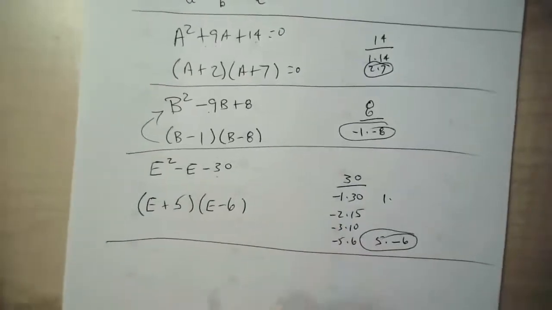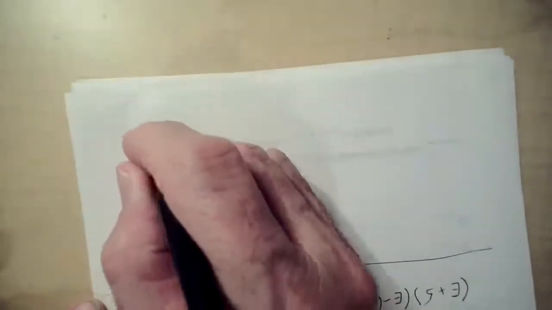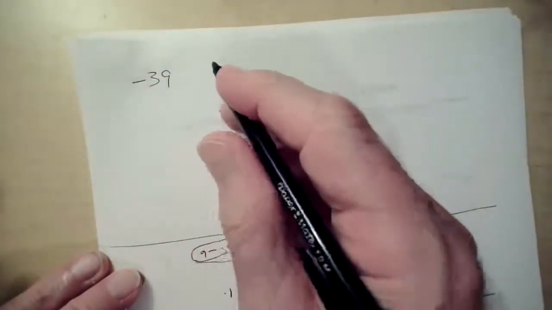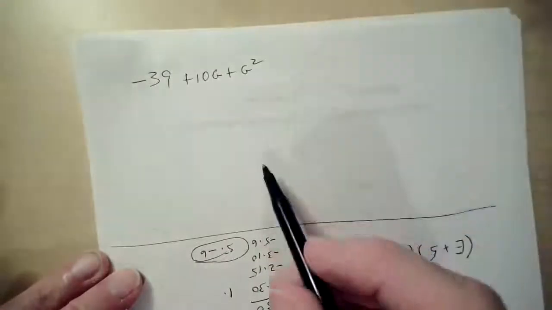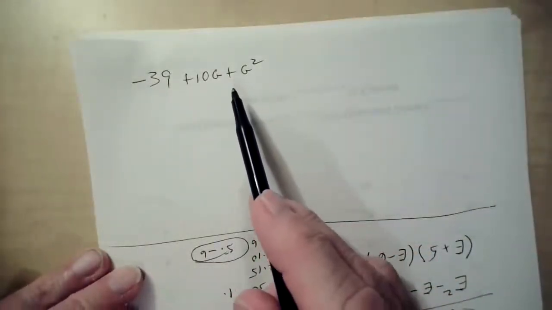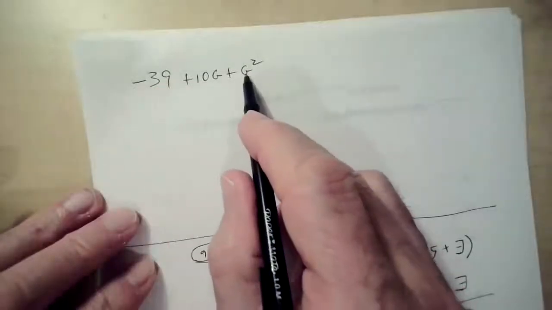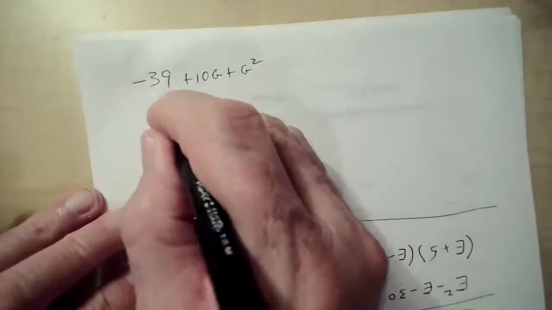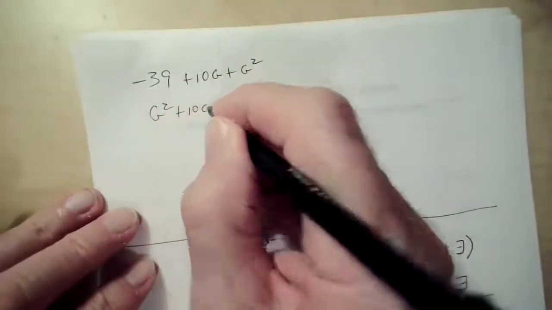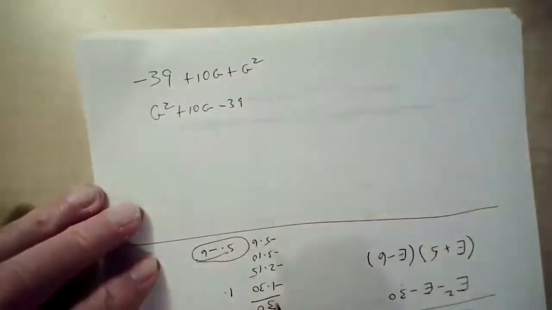Now if you have -39 plus 10g plus g squared, this is not in the right form. We want to see the quadratic term first, ax squared plus bx, so g squared plus 10g minus 39.